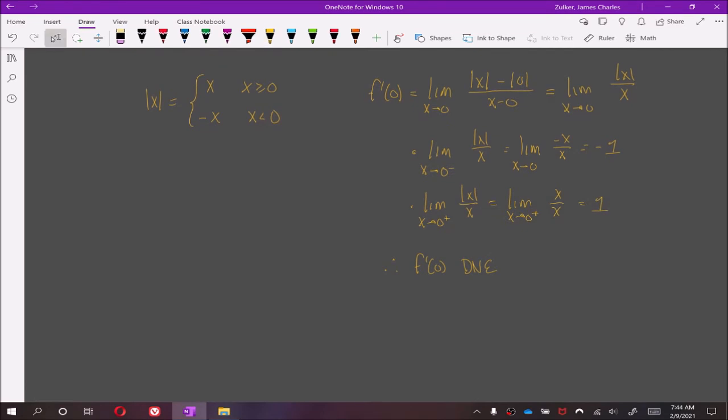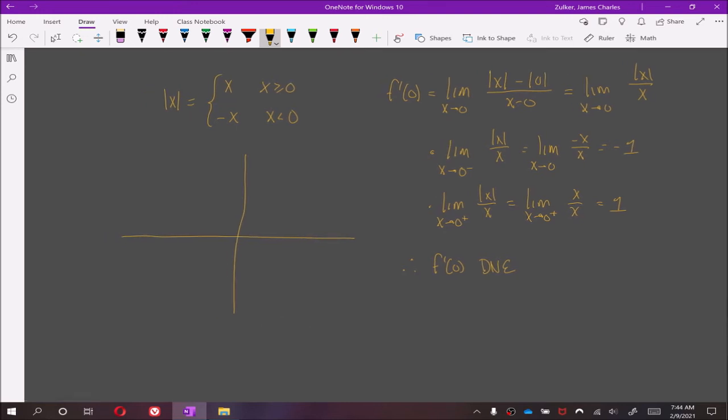If we take a look at this graph, the absolute value function looks something like that.